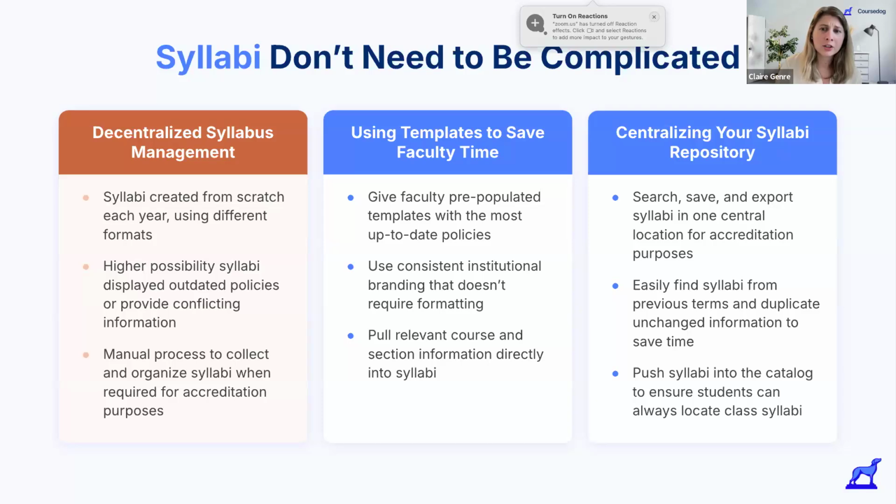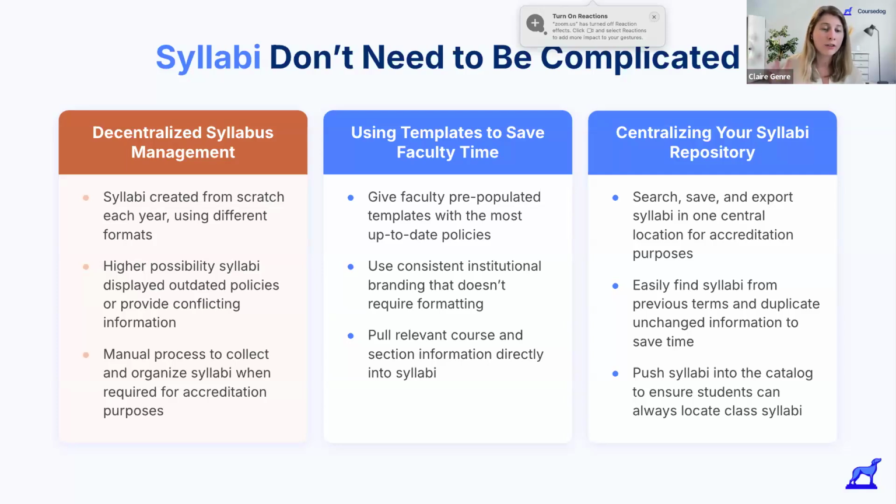Now, the issue that we see with this type of complete manual build from scratch is that it's usually really error prone and gives your institution no oversight, especially when it comes to institution-wide policies and information that needs to be aligned across all your syllabi.